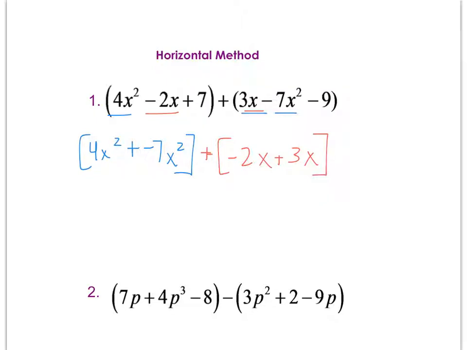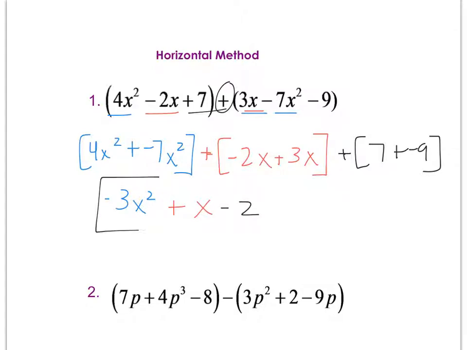And then lastly, I have a 7 minus 9, or plus a negative 9, right, because we're adding both these polynomials here, and now I can go ahead and combine like terms. So here I get a negative 3x squared, here I get a 1x, and then with my numbers I just get a negative 2. And so my final answer here is negative 3x squared plus x minus 2.